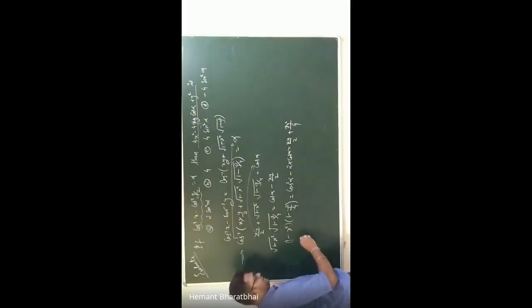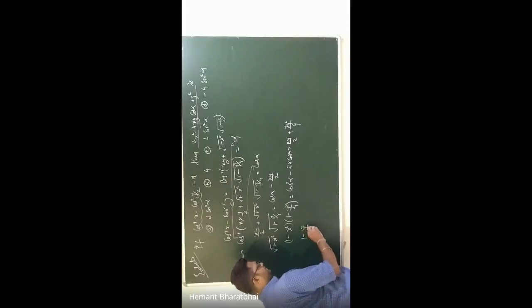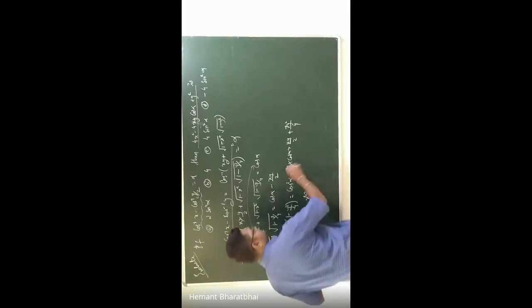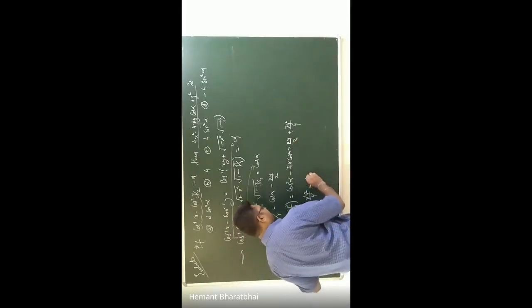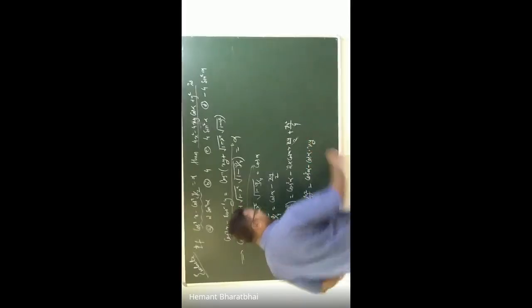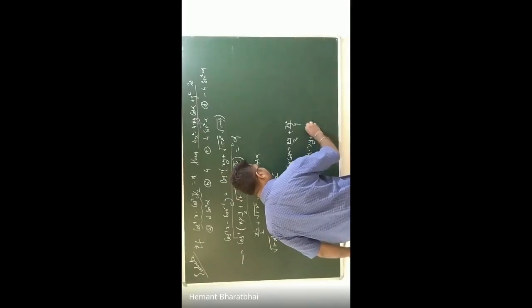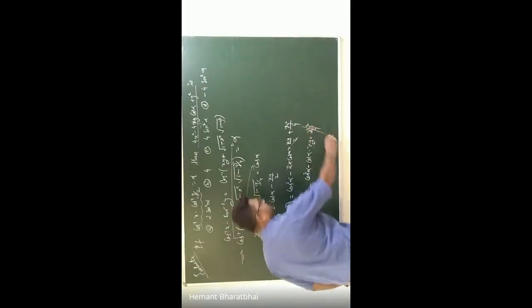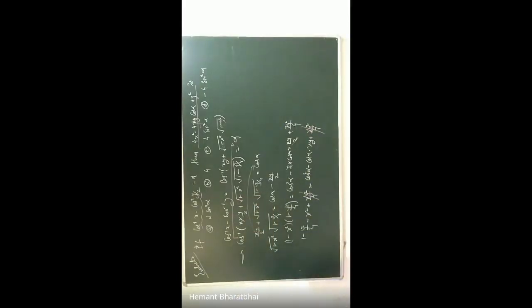When I multiply, I get 1 minus y square by 4 minus x square, minus minus becomes plus, x square y square by 4, is equal to: the 2 and 2 get cancelled, so cos square alpha minus cos alpha into xy plus x square y square by 4. The same term is there on both sides, so x square y square by 4 gets cancelled out.